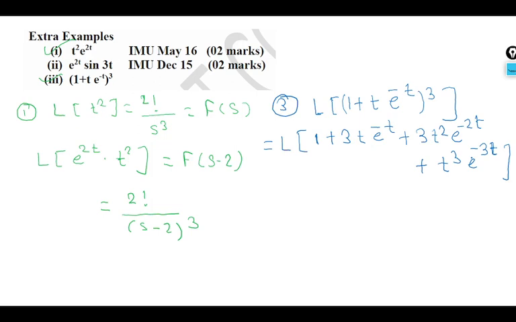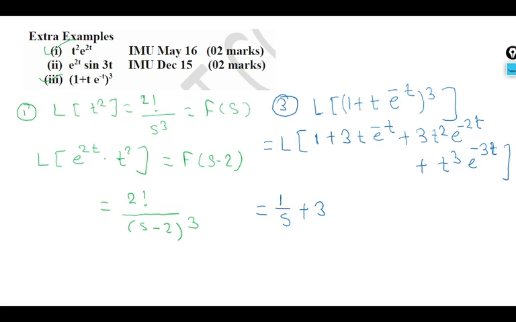And now, term by term, the Laplace and the shifting. Laplace of 1 is just 1 by s, and the 3 stays as it is. Here we take the Laplace of t and then use shifting. Laplace of t is gamma n plus 1, that is gamma 2, since t is raised to 1.